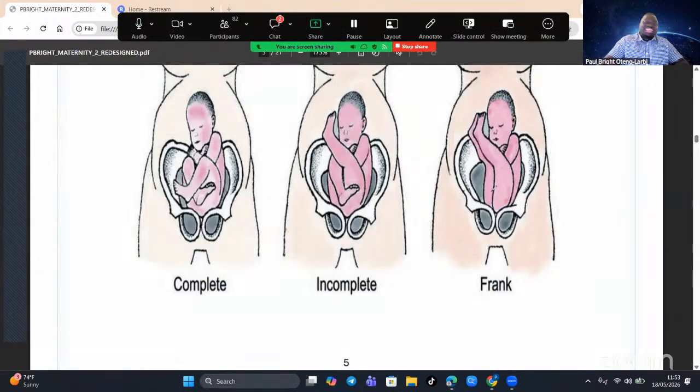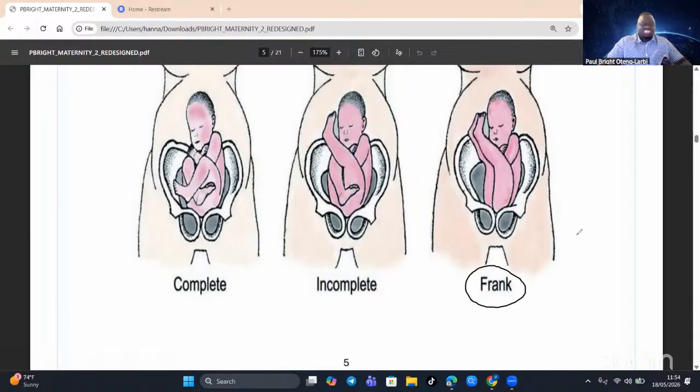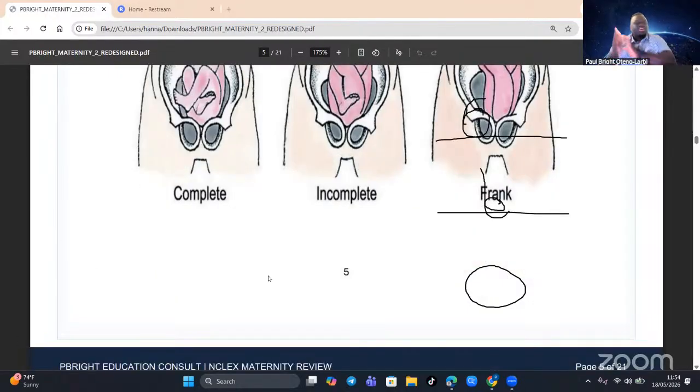Then we have the frank. So you hear midwife saying frank. It's a type of breech presentation. This is only the buttocks and two legs outside the pelvis. So you see where the legs are, the feet, and you see where the buttocks are. So all these things, this is to help those who are not going to write any exams.